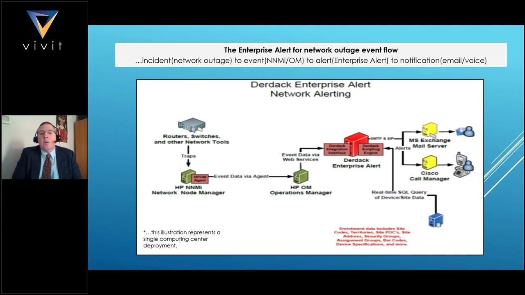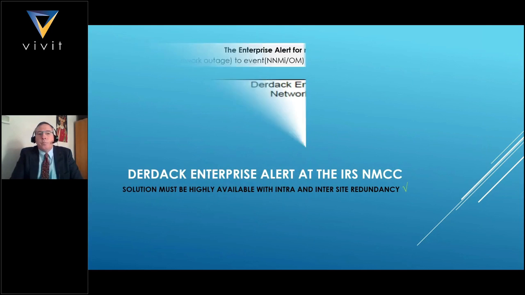When it goes into Derdack, there's another process: does it need to go into an email, or does it go into Cisco voice messaging? If events are critical, they go to a call manager, which calls the end user. So you need to make sure how these events are coming across. Are they critical? Are they just awareness? Or how do they differ in where they're needed?